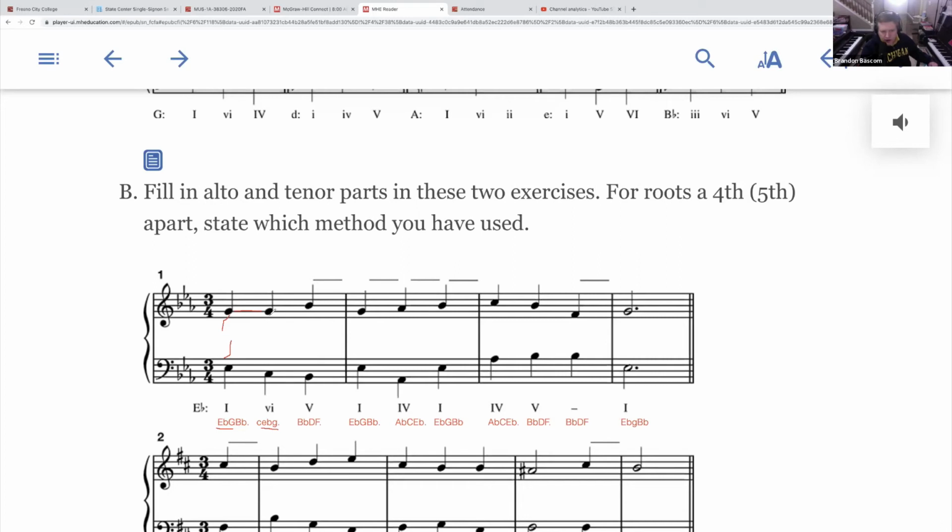We could stay on our common tone in the alto. And that would make us go down to the G there. Does that work?